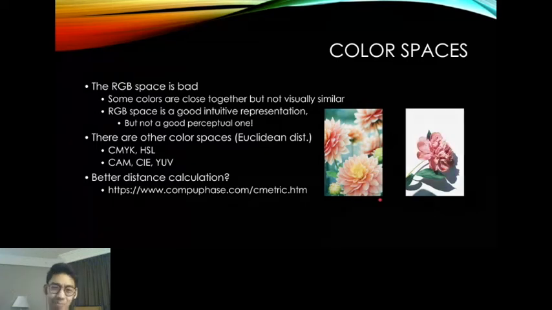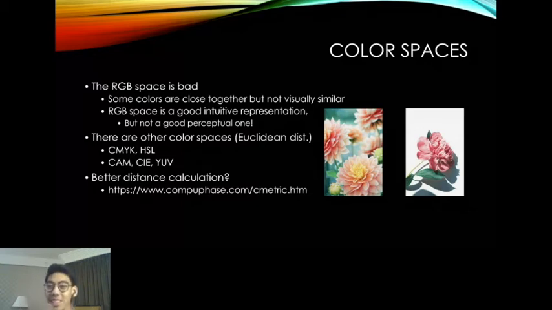It makes sense, actually. It turns out that the RGB space is a good intuitive representation of color, but it's not a good perceptual one. What does that mean? We have RGB values, each from 0 to 255: R is 0 to 255, G is 0 to 255, blue is 0 to 255.